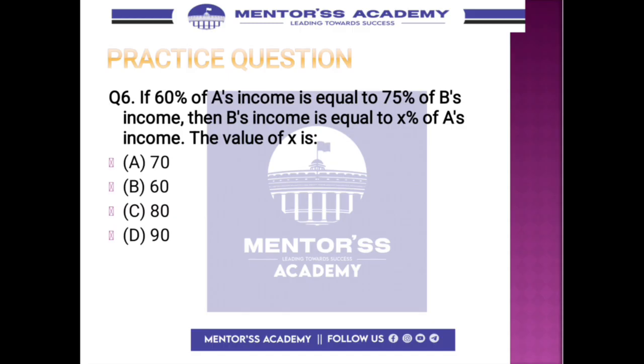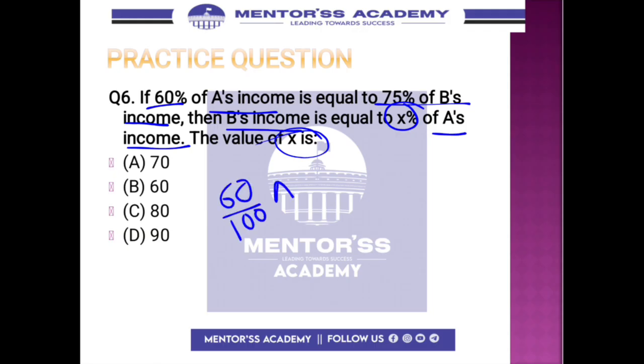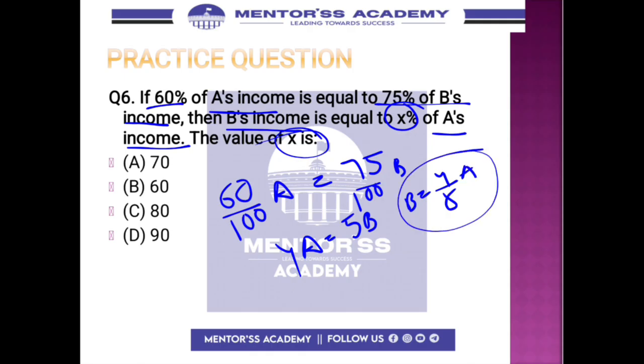Another practice question. If 60% of A's income is equal to 75% of B's income, then B's income is equal to X percent of A's income. The value of X is what they asked. So what did they say? 60% of A's income equals 75% of B's income. Then 4A equals 5B. Here B equals 4 by 5 A is the relation.